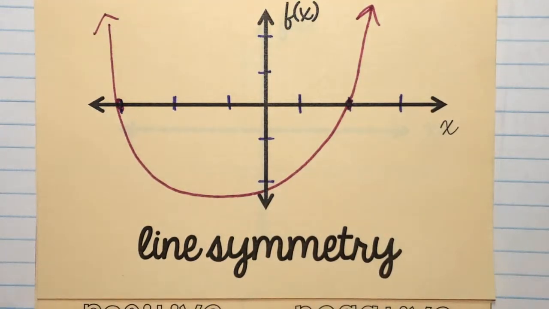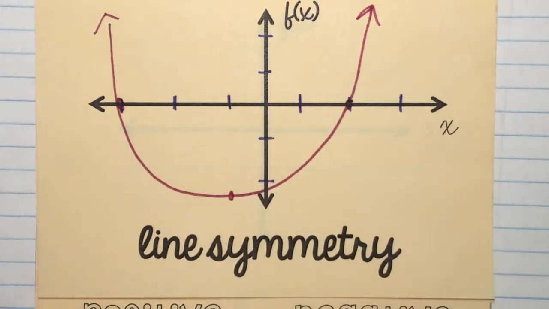Wait, don't you have to draw a little dot at the bottom? No, you don't have to. Whenever you label the vertex.